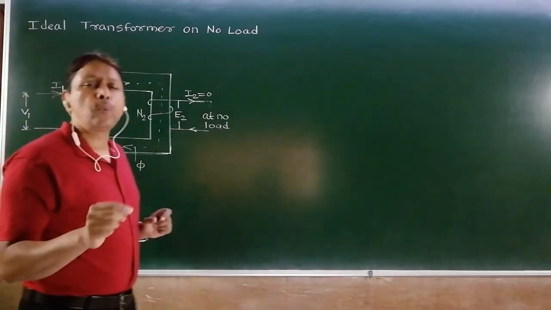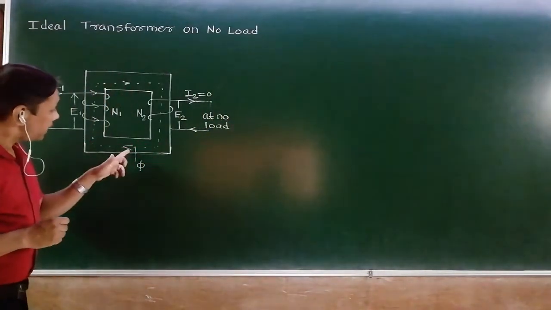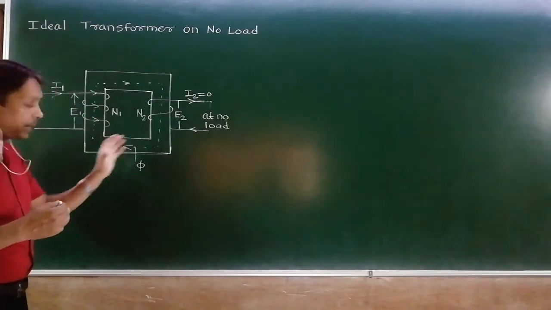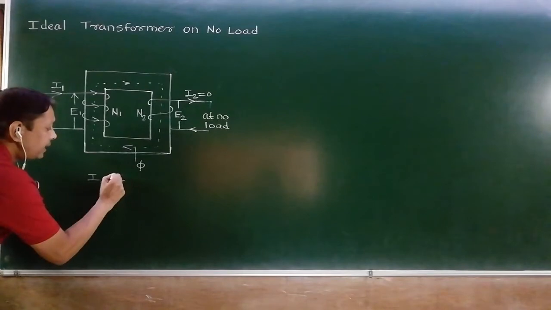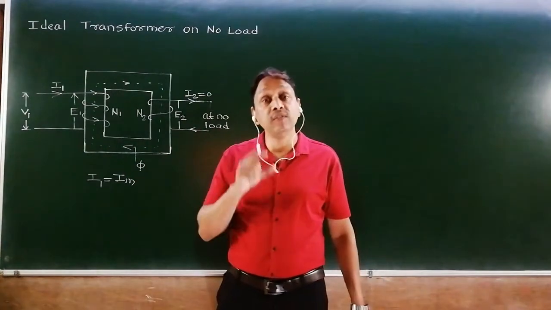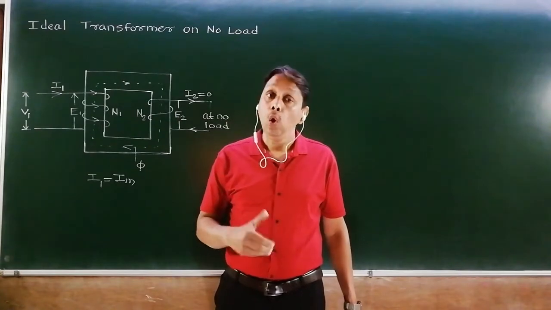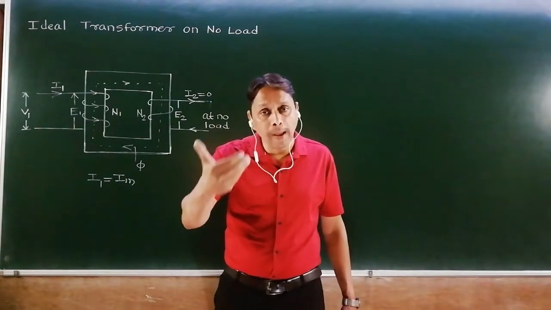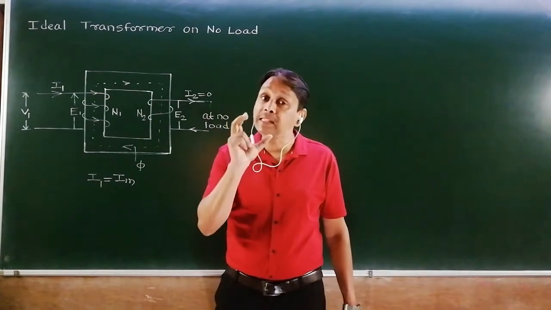It draws a very, very small current, which is just necessary to establish magnetic flux in the core, by which the core gets magnetized. Therefore we call this I1 the magnetizing component or magnetizing current.